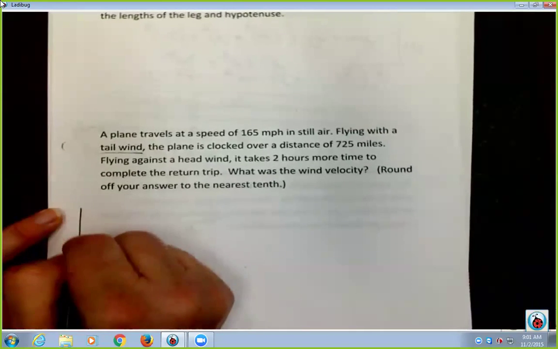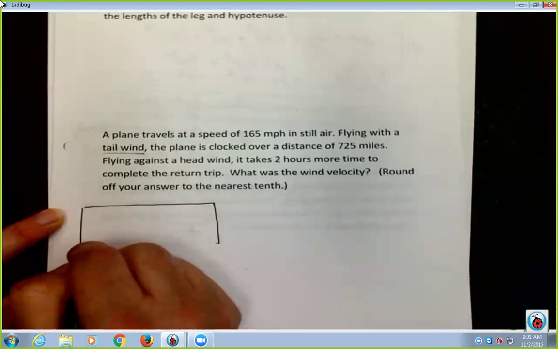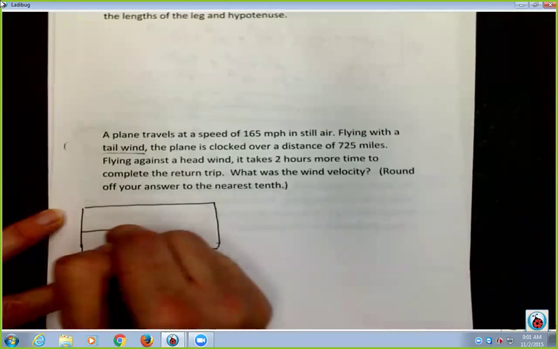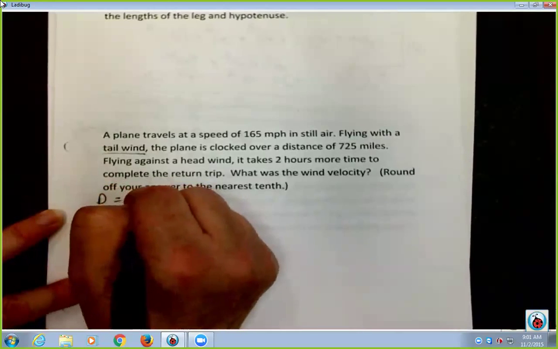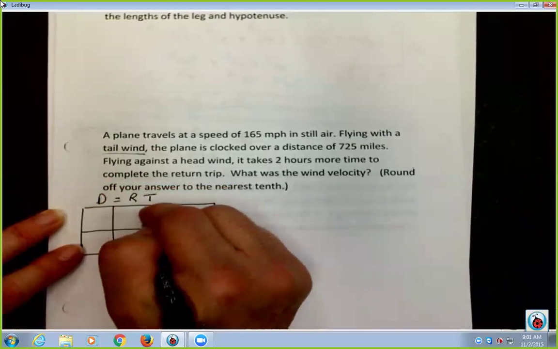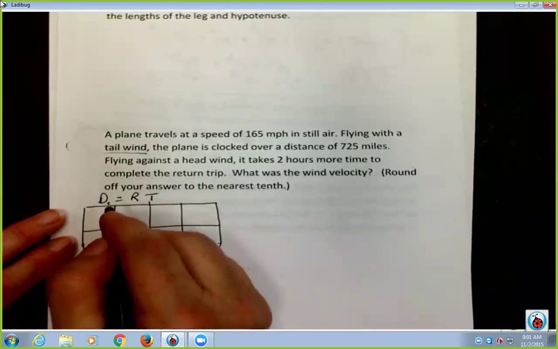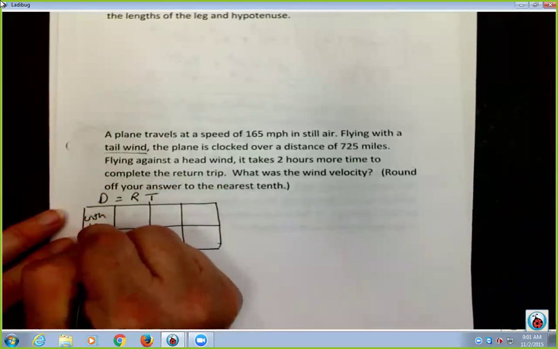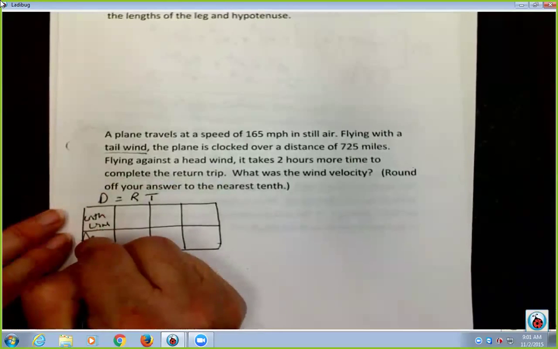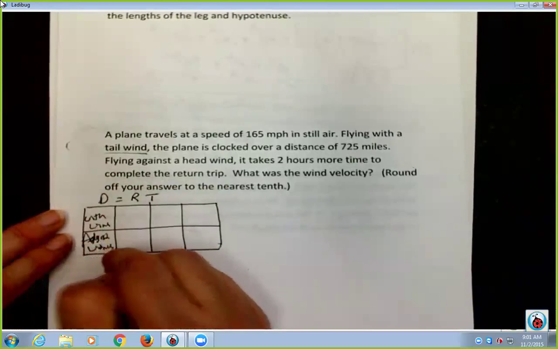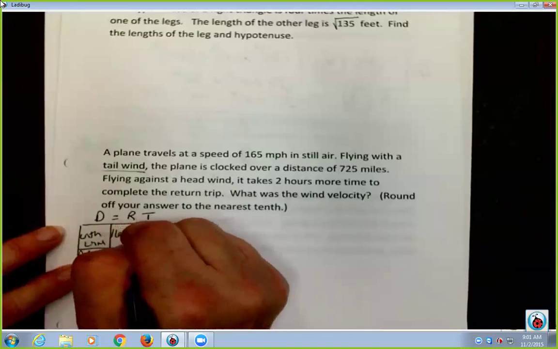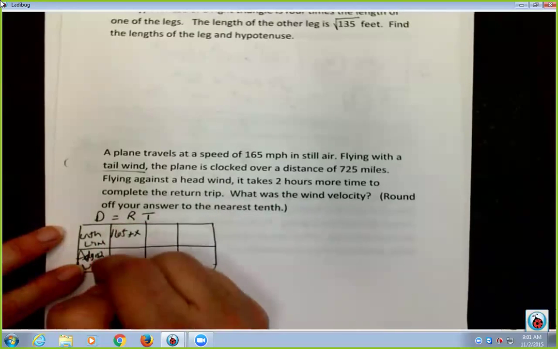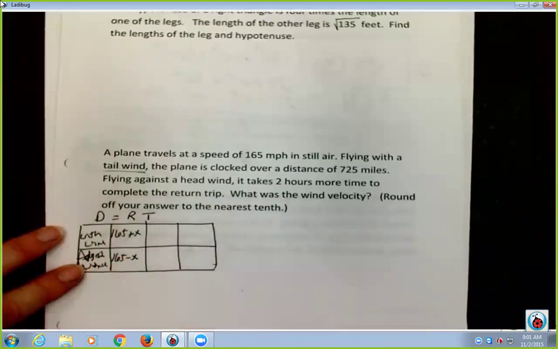So if we chart this, like we did with these before, we have distance equals rate times time. And so we have with wind, against wind. And so what do we know about its rate of speed? It's 165 plus x, or 165 minus x.